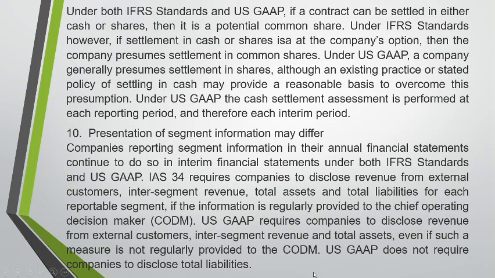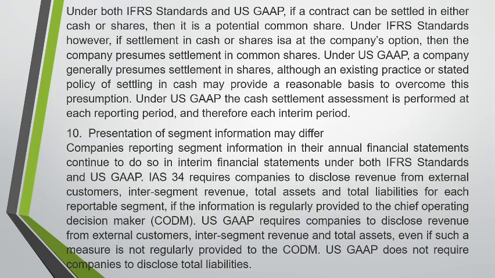Under IFRS and US GAAP, if a contract can be settled in either cash or shares, then it is a potential common share. Under IFRS standards, however, if settlement in cash or shares is at the company's option, then the company presumes settlement in common shares.